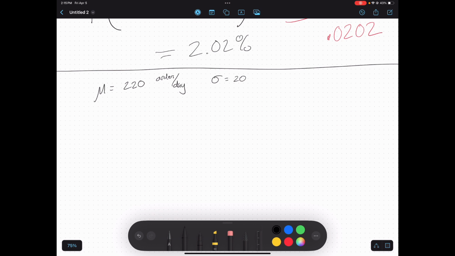And so you guys have found that when orders exceed 252, more help is needed. So this begs the question, what is the probability that you get more than 252 orders?